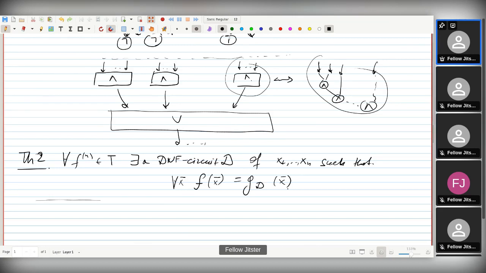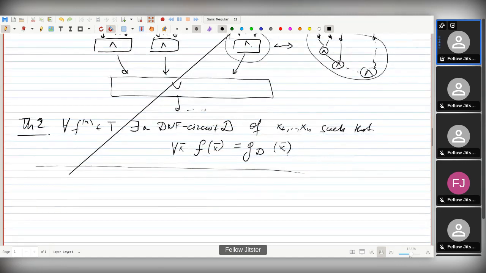So our function is computable via a DNF.